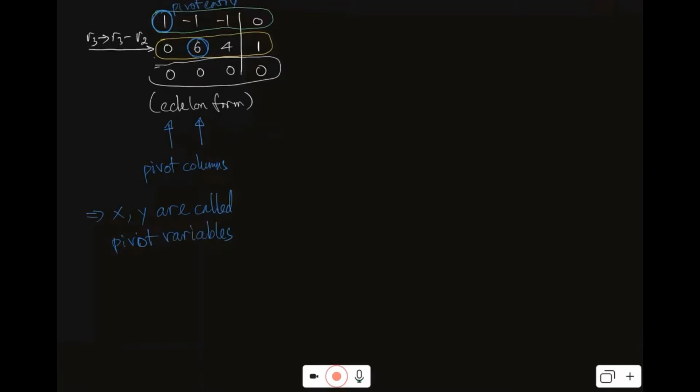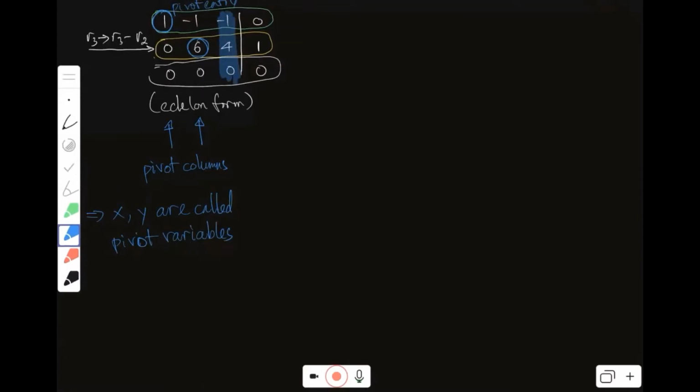Okay, now let's look at this following column. This is called the non-pivot column. All right, and the variable corresponding to that is called the non-pivot variable.